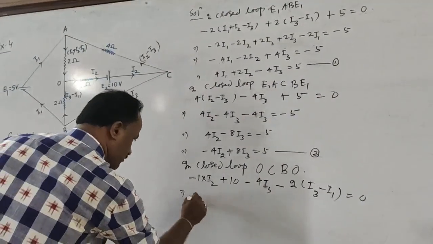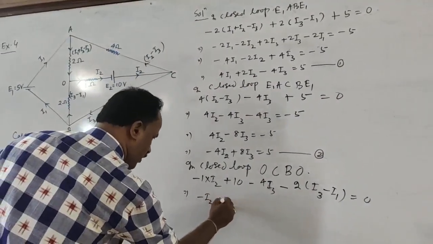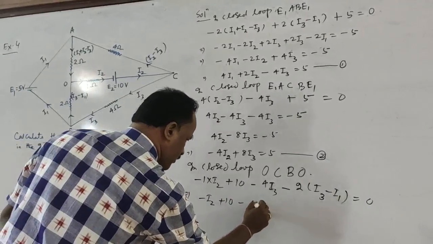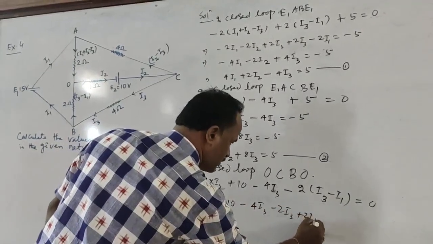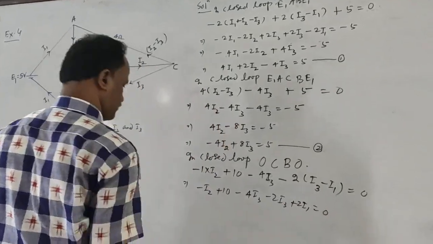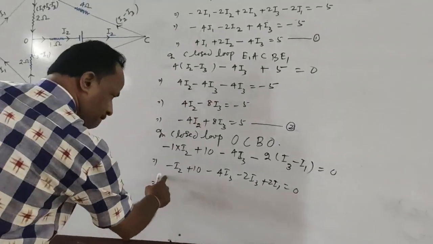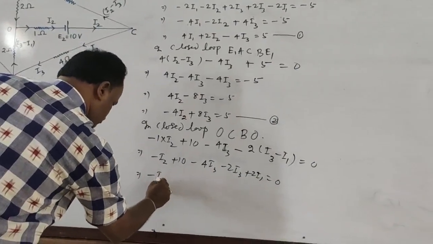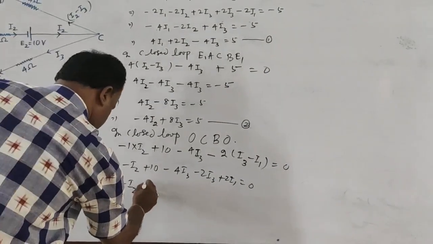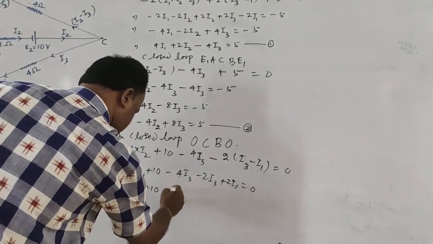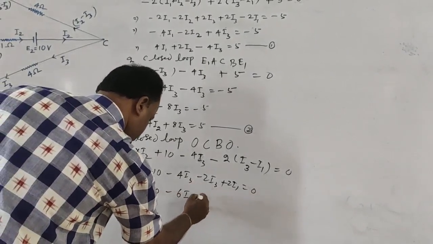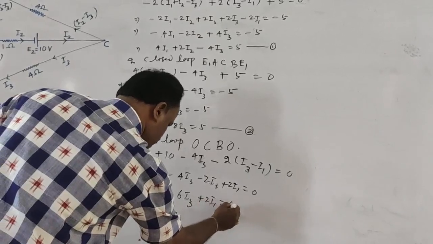Solving this: minus I2 plus 10 minus 4I3 minus 2I3 plus 2I1 is equal to 0, or minus 6I3 plus 2I1 minus I2 plus 10 is equal to 0.